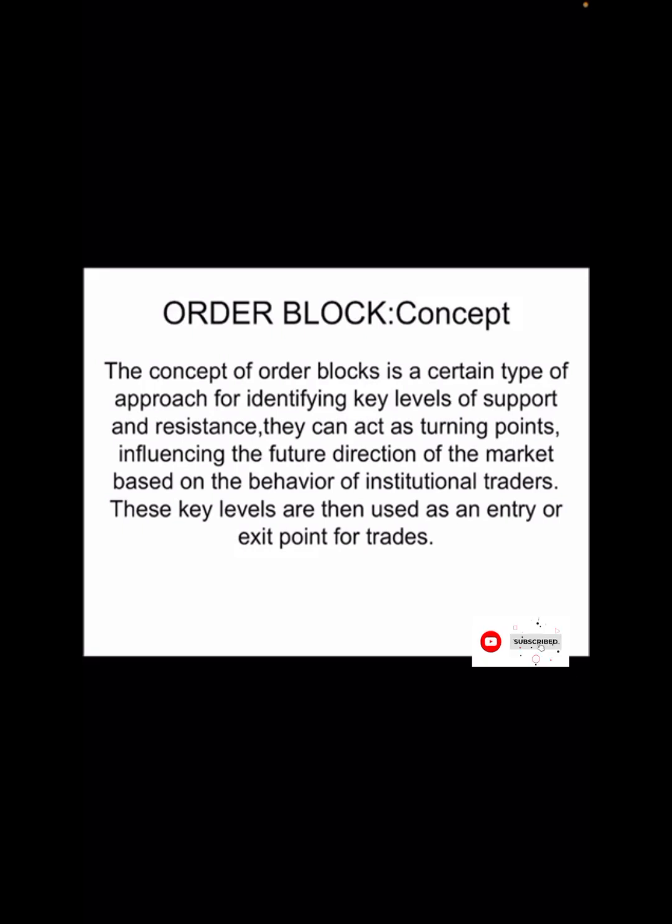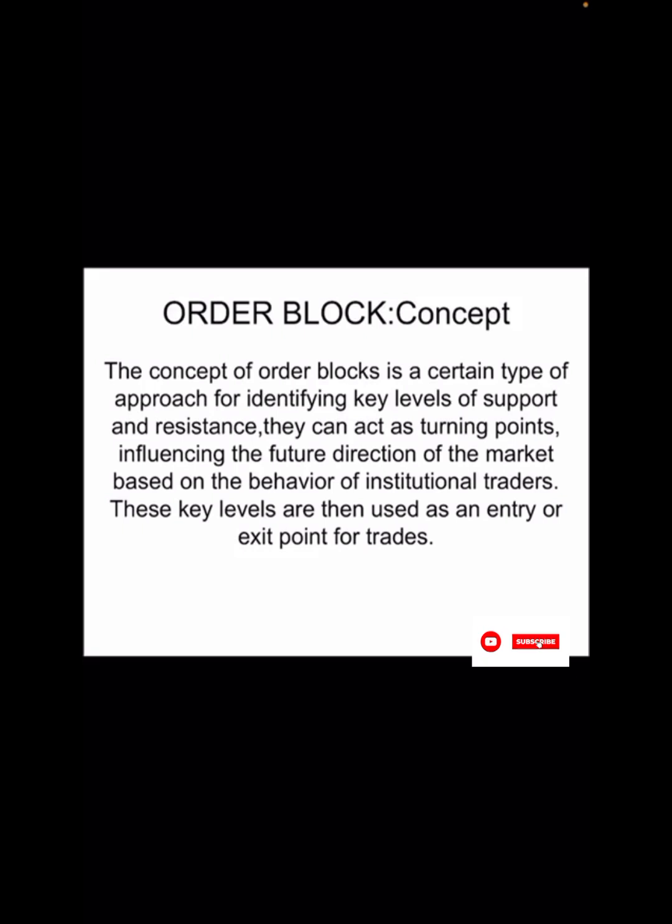They can act as turning points, like I said, influencing the future direction of the market based on the behavior of what? Institutional traders. The behavior of the institutional traders tells you where their area of interest is. These key areas are then used as an entry or exit point for trades.